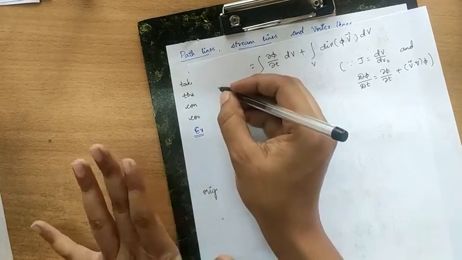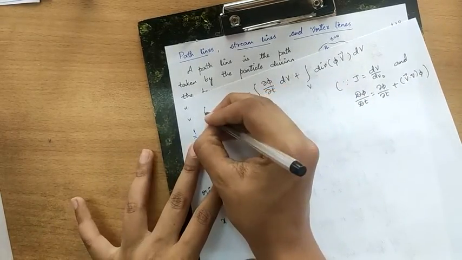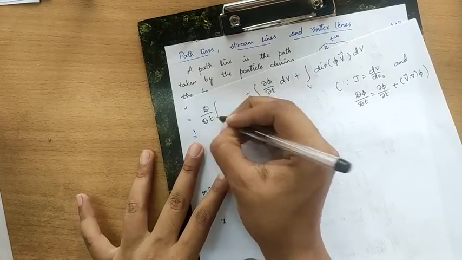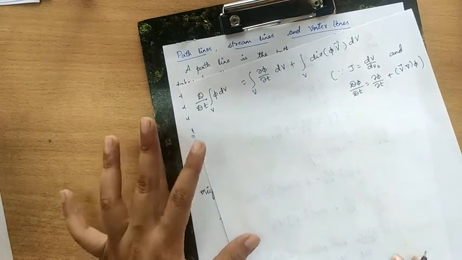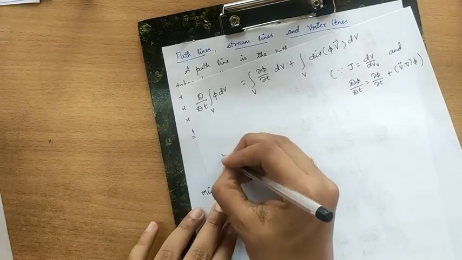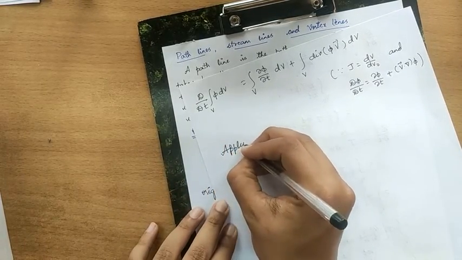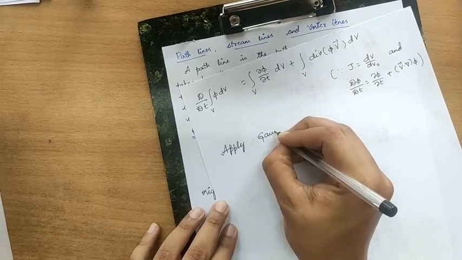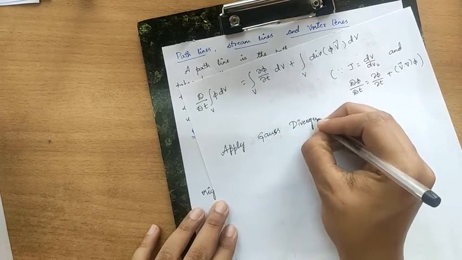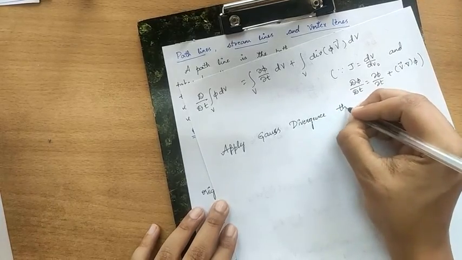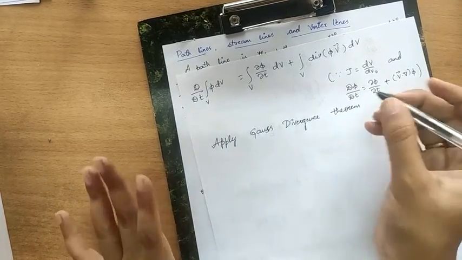Now on the left hand side, what I have is d by dt of integral over V phi dV. Now apply the Gauss divergence theorem, where you can apply. You cannot apply everywhere.